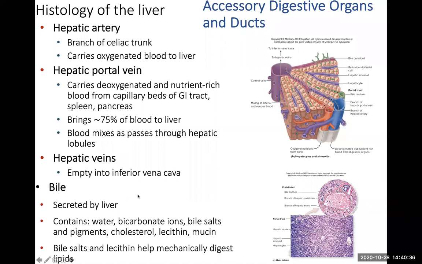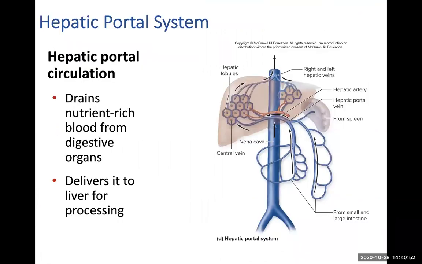Okay, so bile, again, is made by the liver, stored and secreted by the gallbladder. Bile itself is made up of water, bile salts, bicarb ions, various pigments, and mucus, and what bile does is it emulsifies fat. Hepatic portal circulation, everybody should be familiar with because we talked about it when we were doing the circulatory system.